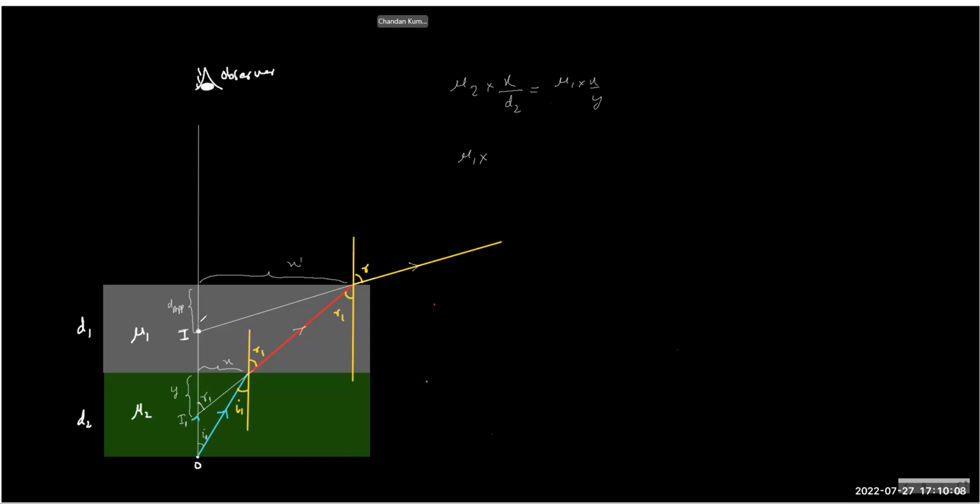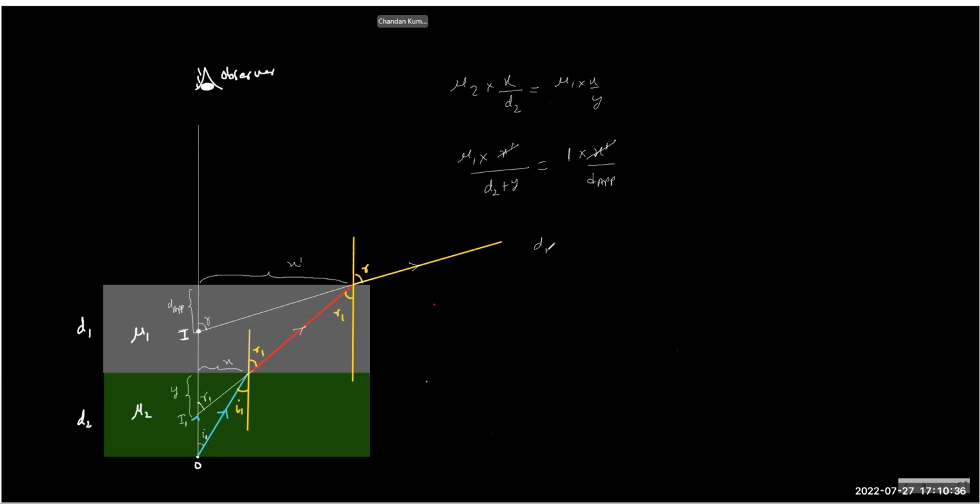This is r, this is r, and this is r1. So r1 will be x dash upon d2 plus y, which is air into x dash by d apparent. So x dash will cancel out.